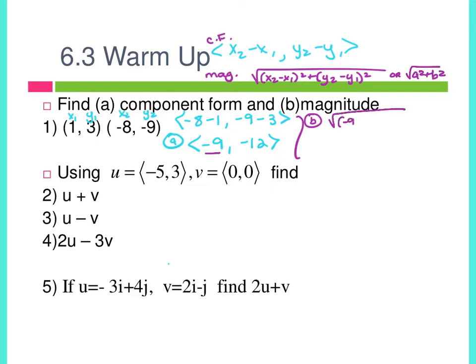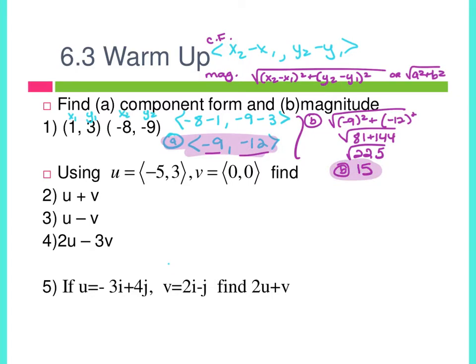The square root of negative 9 squared plus negative 12 squared is the square root of 81 plus 144, which is 225, and the square root of 225 is 15. So component form is A, and magnitude is B.